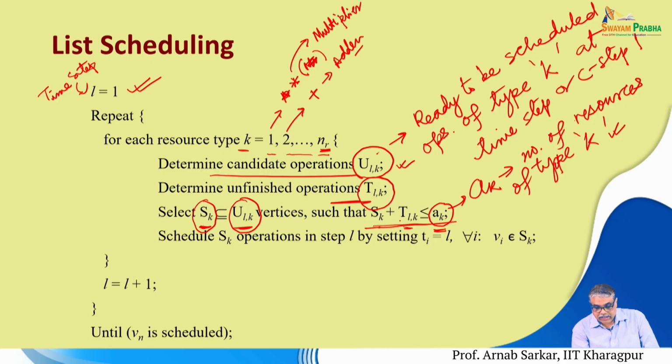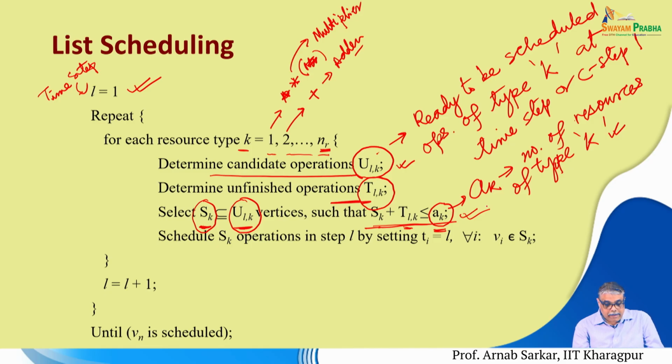So, in the general case, Sk plus TLk less than or equal to Ak has to be satisfied. However, you will try to use up all resources if you have ready to be scheduled operations.